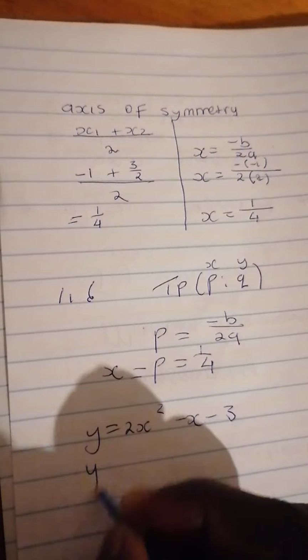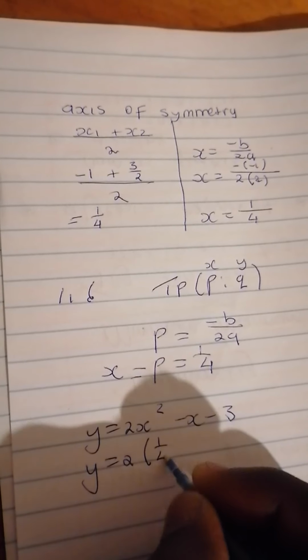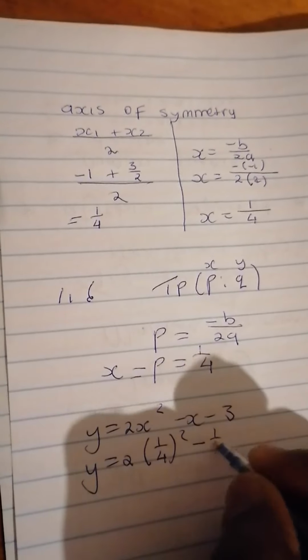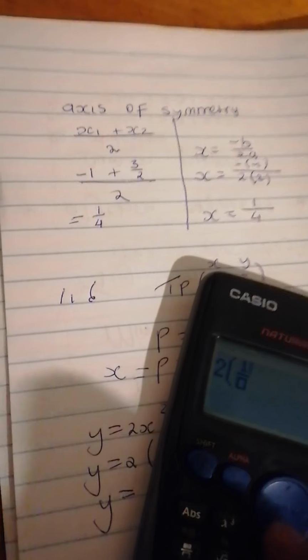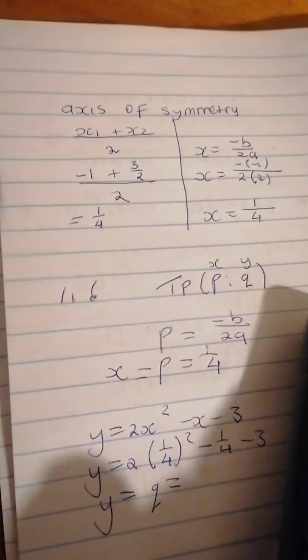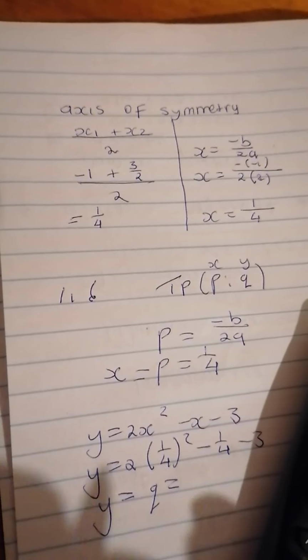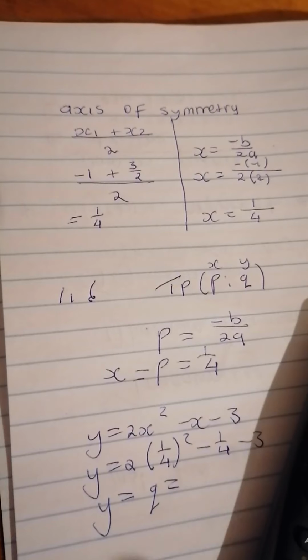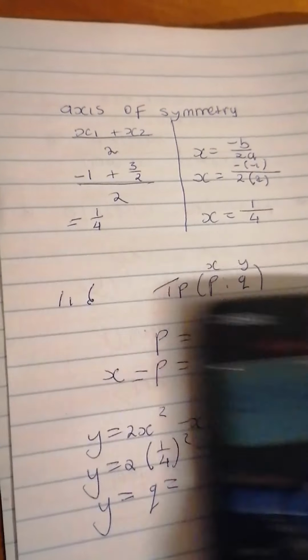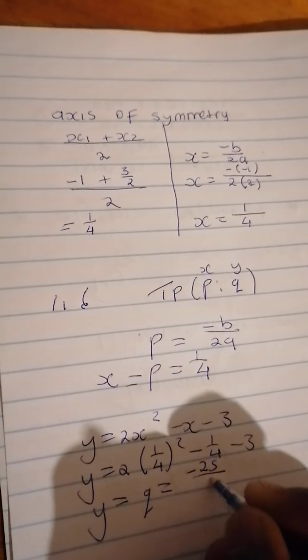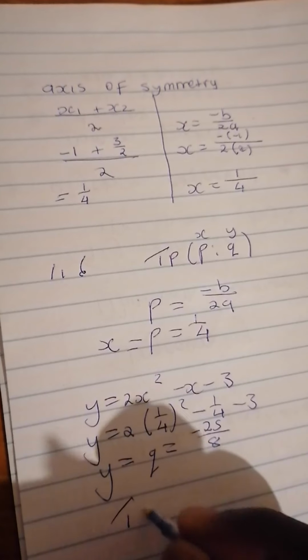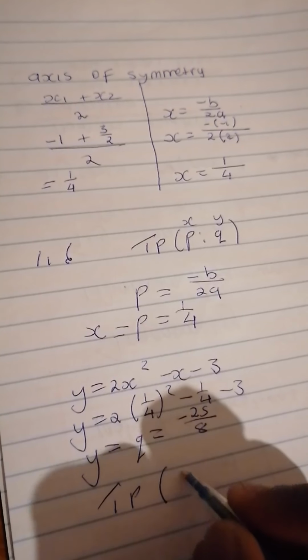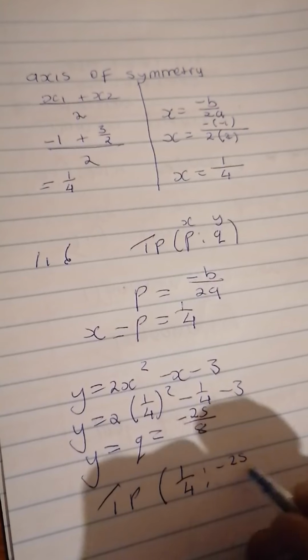Substituting, y equals 2 times 1 over 4 squared minus 1 over 4 minus 3, which is minus 25 over 8. So the turning point is 1 over 4, minus 25 over 8.